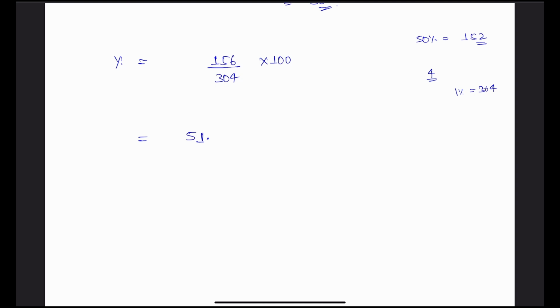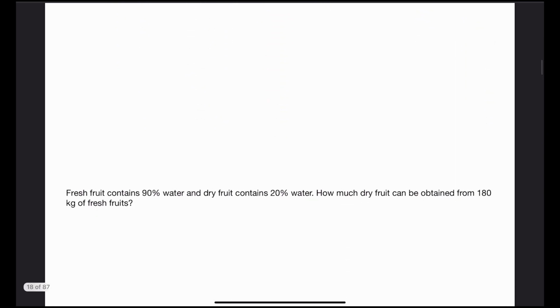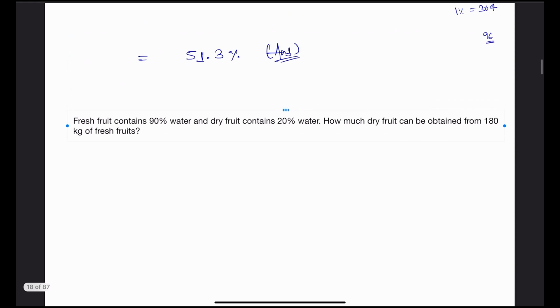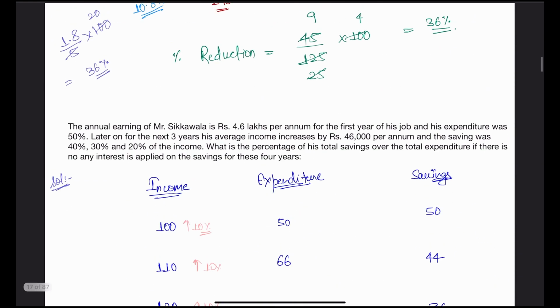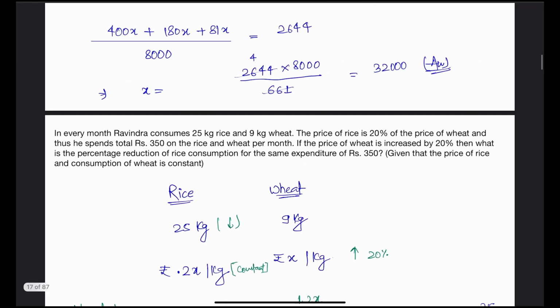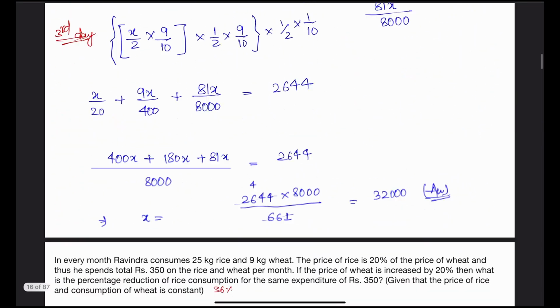One decimal also we need to do. So this will be 96. So 51.3% approximately is the answer for this question. This will be a tough question. 51.3% is the answer for this one, and the answer for the other one is 36%.